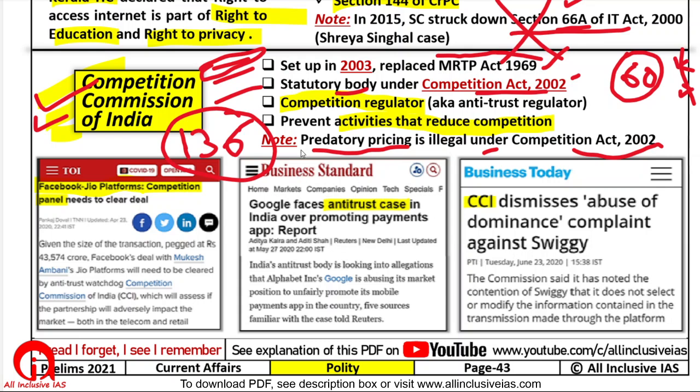Okay, so such very low prices, if something is available for, let us say, a mobile is available for rupees 10,000, okay, and tomorrow Flipkart says that we will sell a 10,000 rupees mobile only for 2,000 rupees, so that only this mobile sells, no other mobile sells, okay? So such predatory pricing is illegal.